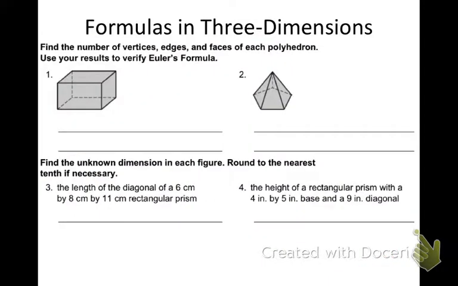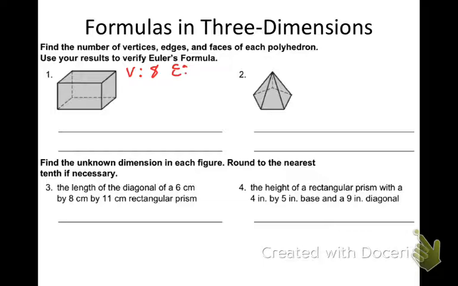Let's try the first one here. Find the number of vertices, edges, and faces of each polyhedron. Use your results to verify Euler's formula. How many vertices does number 1 have? Frosty, how many vertices does number 1 have? There are 8 vertices. How many edges does number 1 have?